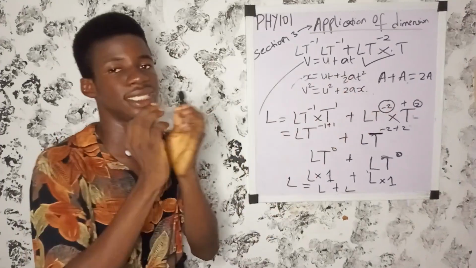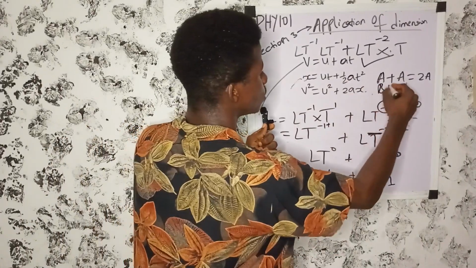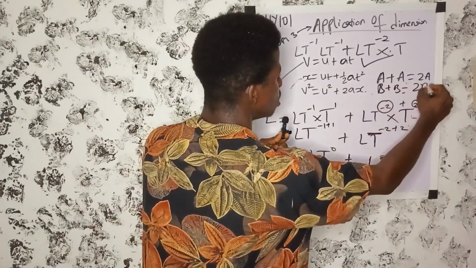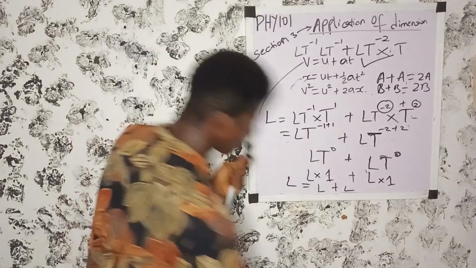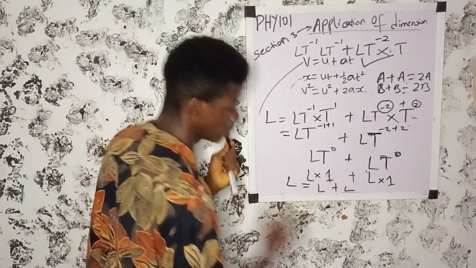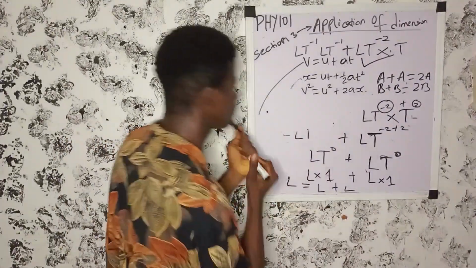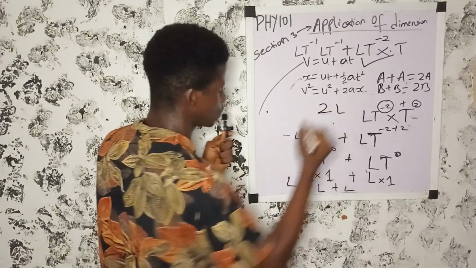When we add the same thing together, A plus A will give us 2A, B plus B gives 2B. Now we have L plus L. L plus L will give us 2L, based on the fact that they are the same.